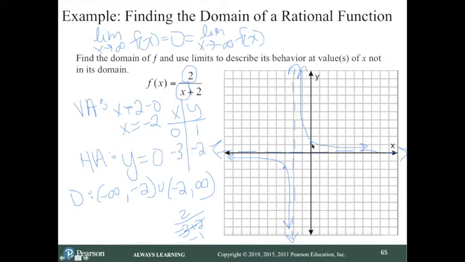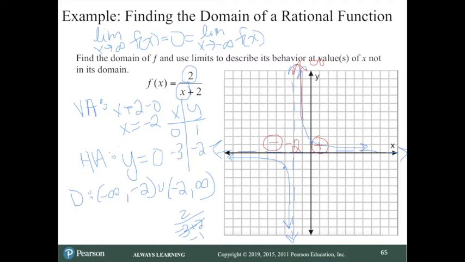What we can do if we're looking at the right arm of the graph, and I'm going to highlight it in red here, as x gets closer and closer to -2 from the positive side, so we're approaching -2, this is my positive side, this is my negative side. So as we approach -2 from the positive side, my graph is going up to infinity.